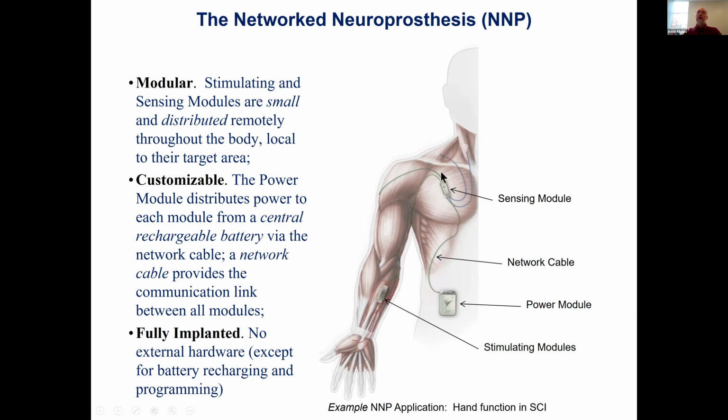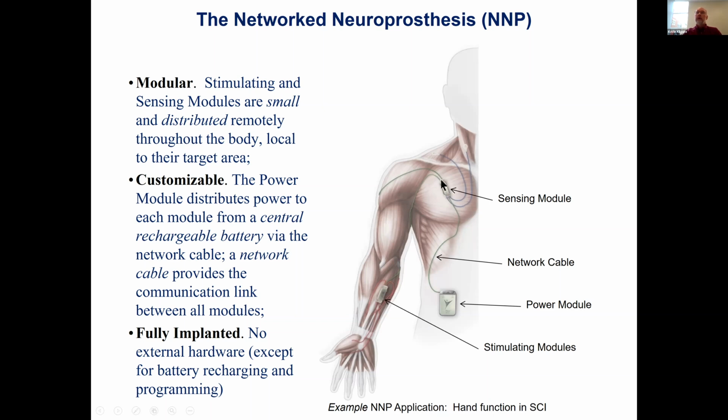So there's a module that provides the power, but the key piece of this is that there are linked networked modules. They are linked by a cable, a wired network that provides both the power and the communication.